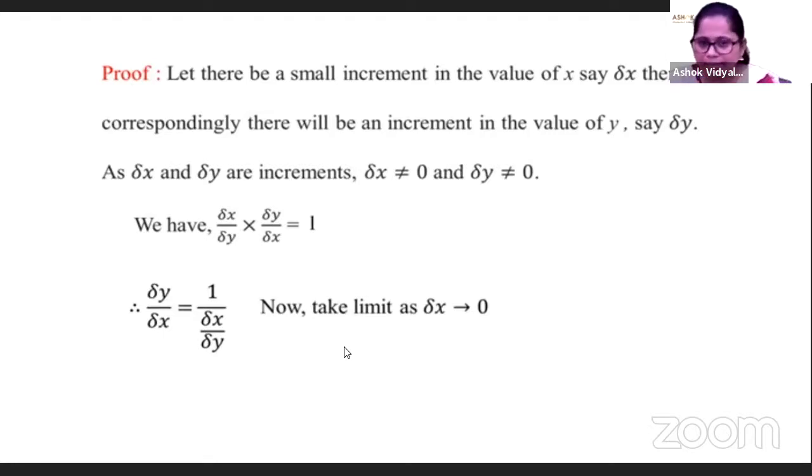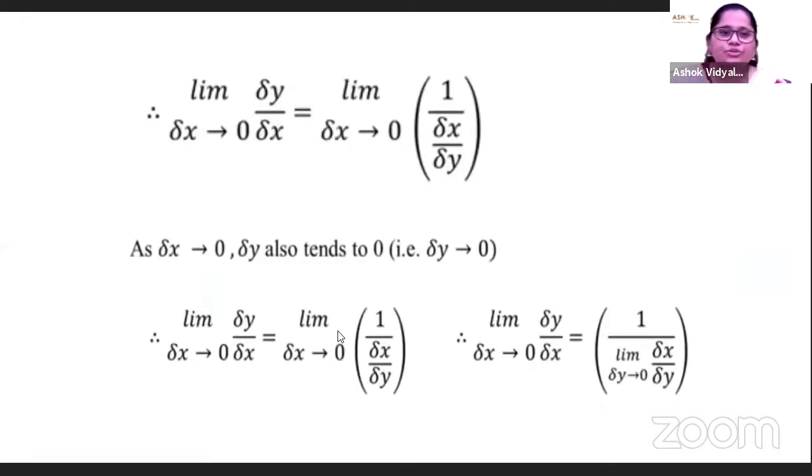Now we take the limit as delta x tends to 0 on both sides. We get limit of delta y by delta x as delta x tends to 0 is equal to limit of 1 upon delta x by delta y as delta x tends to 0, and these are in the Leibniz notation. As delta x tends to 0, delta y also tends to 0.